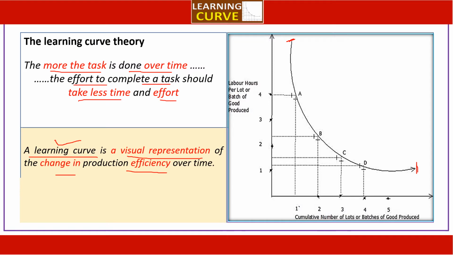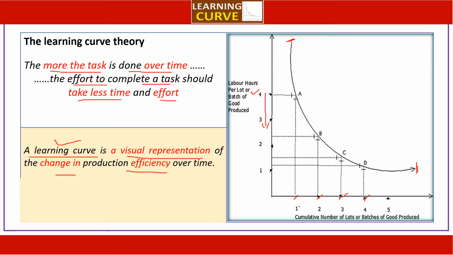It shows that as you move from production of 1 unit, 2 units, 3 units, 4 units, the per unit time that you take keeps falling. For example, when you produce only the first unit, let us take the time taken as 4 hours.